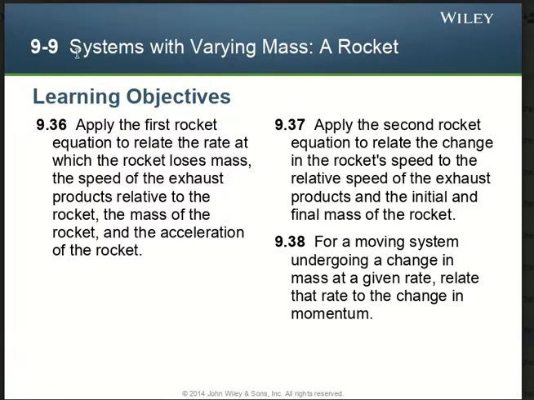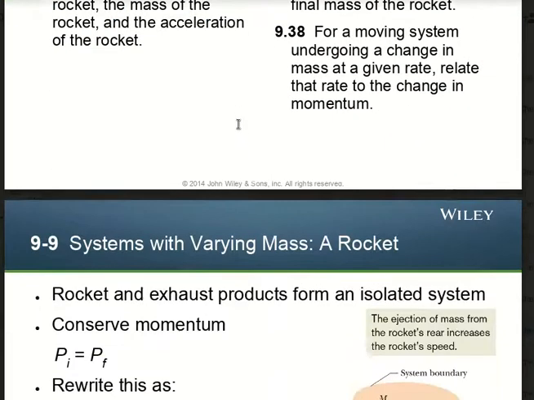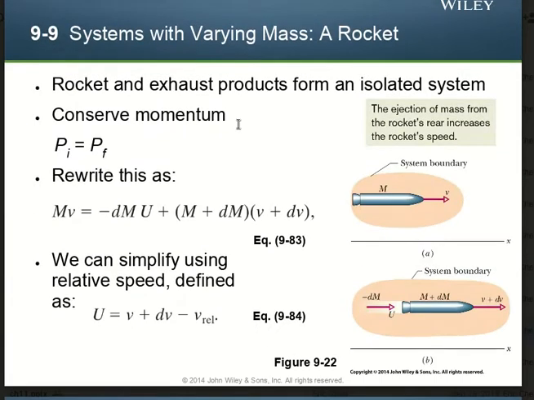Okay. So in this section of chapter 9, they make a very interesting example of a system with a mass which is not constant, like a rocket. Again, in this system there is no external force acting on it, so the momentum is preserved.